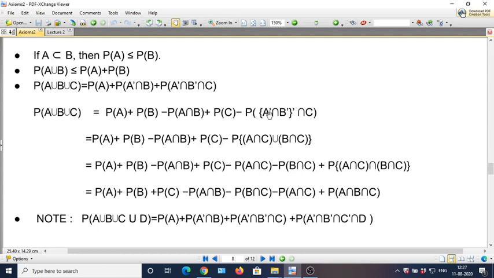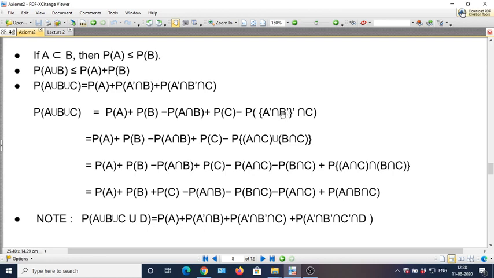Now you look at this: A complement intersection B complement intersection C. What we are doing here is that this is being rewritten as P of C minus P of A complement intersection B complement whole complement intersection C. So this third term here is rewritten as this term.